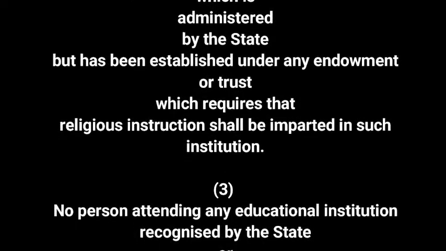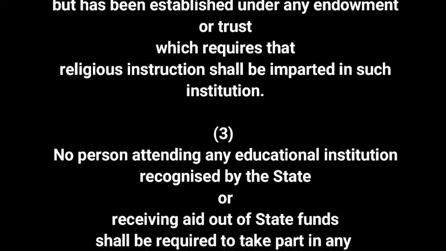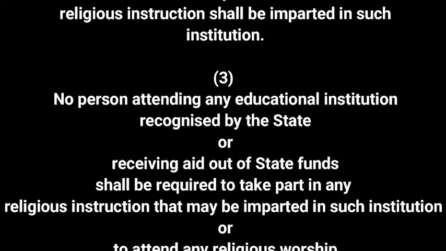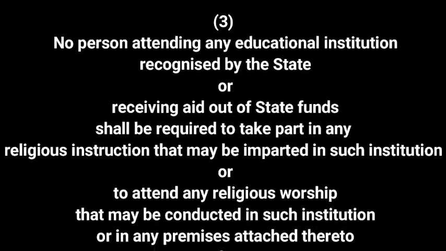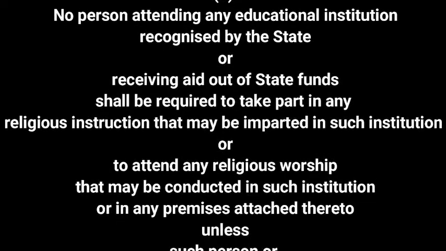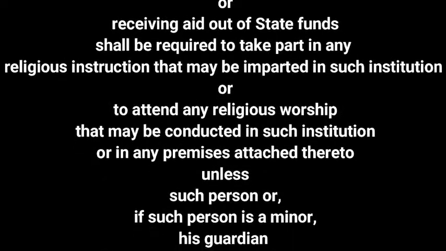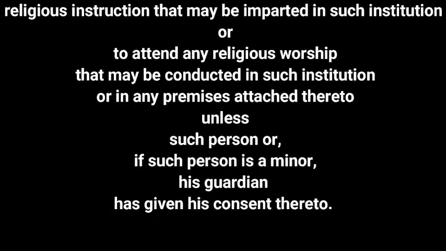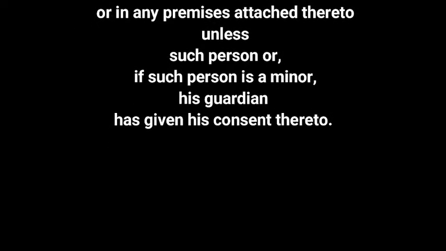No person attending any educational institution recognized by the state, or receiving aid out of state funds, shall be required to take part in any religious instruction that may be imparted in such institution, or to attend any religious worship that may be conducted in such institution or in any premises attached thereto, unless such person, or, if such person is a minor, his guardian has given his consent thereto.